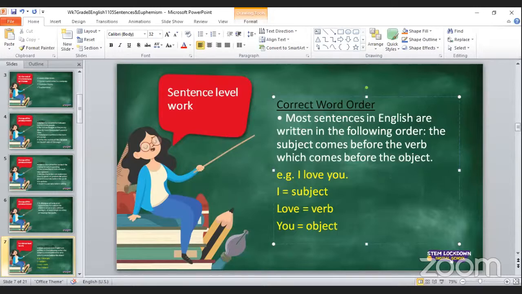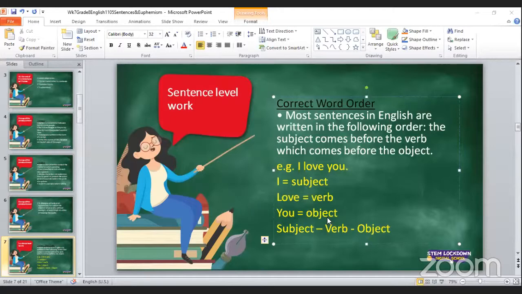Okay, so if you can remember from our previous lessons, when I said I love you, this is the order at which we write sentences. You write subject, verb, and an object.